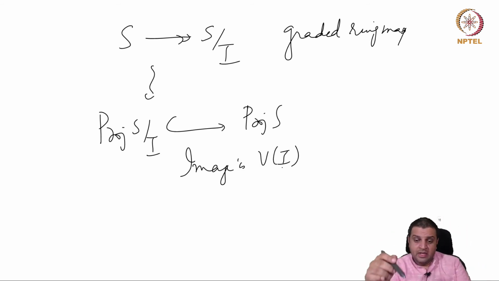Just a warning: it is not true that every graded map will give a map of Proj. In Spec, that is the case: if you have just a map of rings, it will give a map of Spec. Proj is not that straightforward. There have to be some conditions, but in this particular case one can explicitly verify that this surjective map induces this injection, and this is precisely what this is.